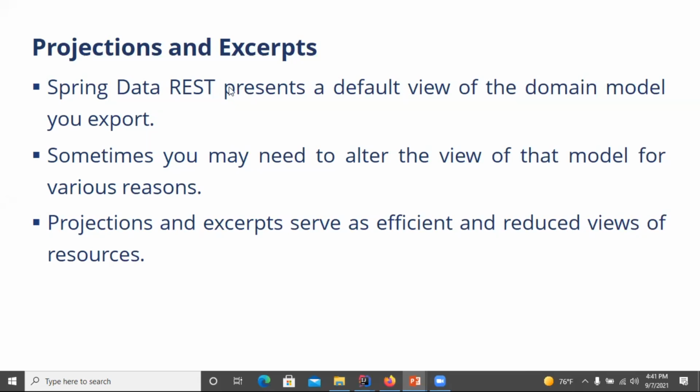Spring Data REST presents a default view of the domain model you export. The default view is: I provide you this information and you can always see it, but sometimes you need to alter the view. So I will give you only this information, or I will aggregate some information, or combine some columns. Very frequently, you would like to do this.